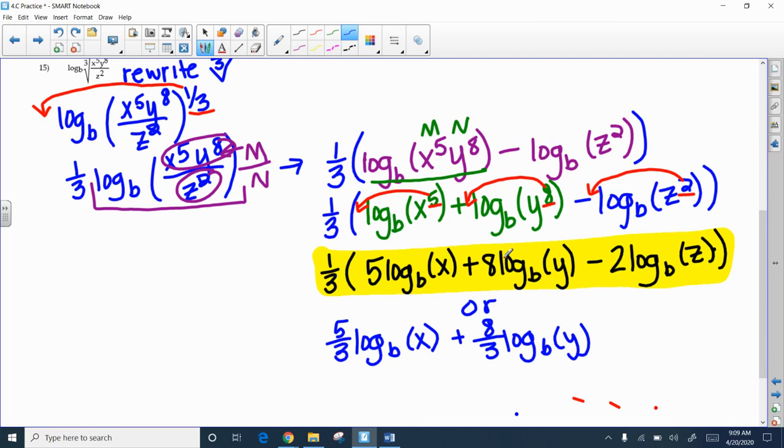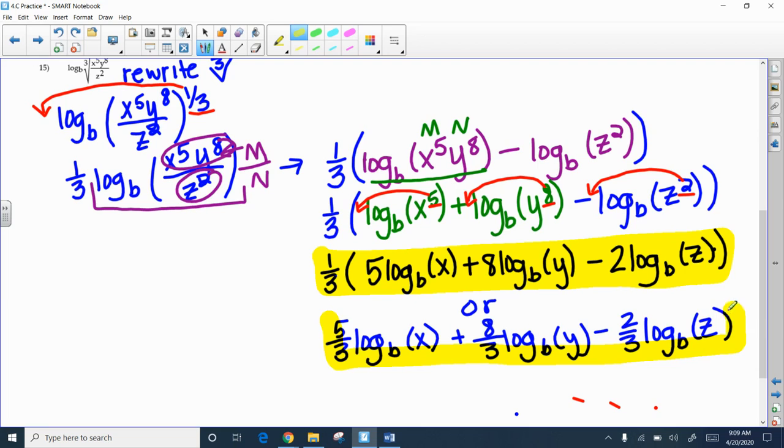That's just 1/3 times 8. Minus 2/3 log base b of z. That's 1/3 times 2. So I'm just distributing the 1/3. So both of these are correct, and it doesn't matter which way you write them. That's more of a personal preference thing.